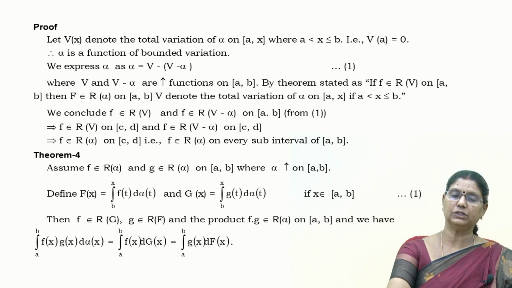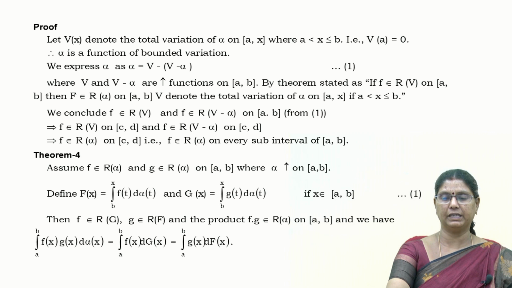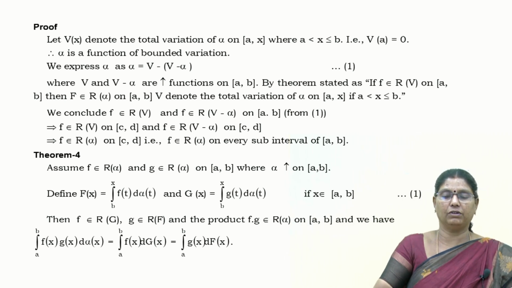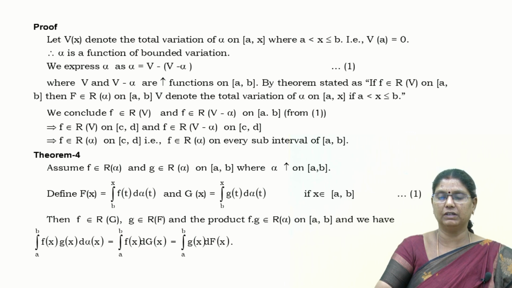Hence f belongs to R of V and f belongs to R of V minus alpha, and thus f belongs to R of V on the closed interval [c, d], and likewise f belongs to R of V minus alpha on the same interval [c, d]. Thus f belongs to R of alpha on [c, d], that is, f belongs to R of alpha on every subinterval of the closed interval [a, b].